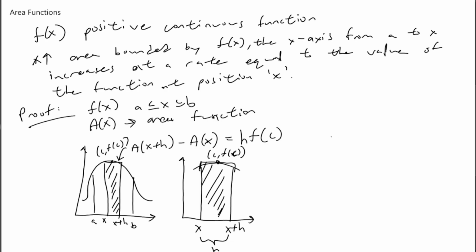All right, and then we can rewrite this as f of c is equivalent to the area of x plus h minus A of x divided by the difference, that is h.